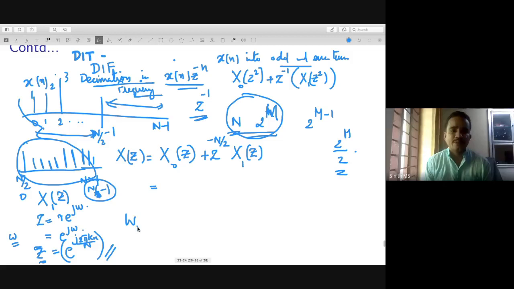So WN is e raised to minus j 2 pi by N. In this we already have a negative sign.